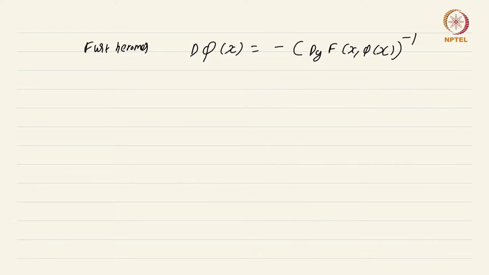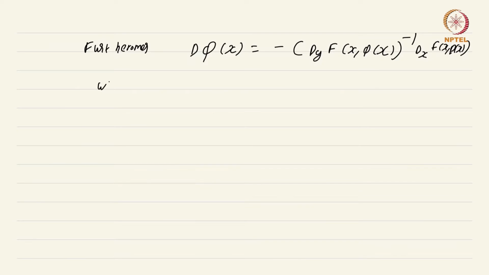So you take the derivative with respect to the variables y at the point x comma phi of x, and then invert the derivative, and this has to get multiplied by the derivatives with respect to the x variables also taken at the point x comma phi of x. No inverse here because we don't even know that this is invertible.